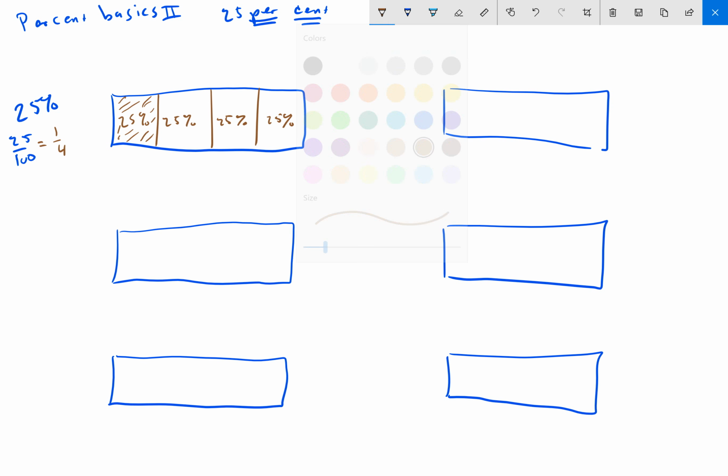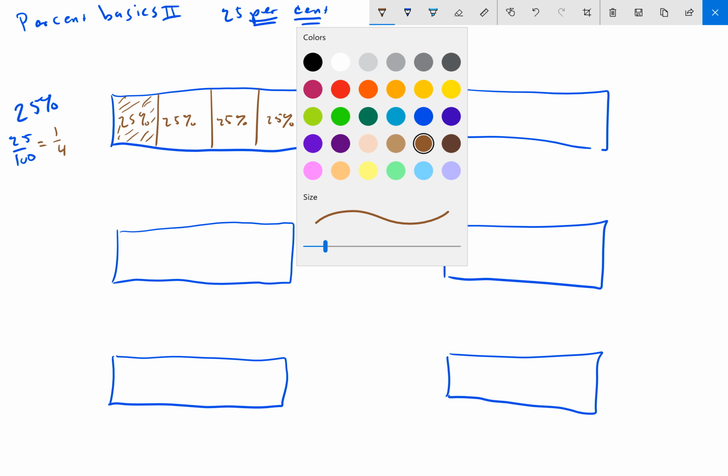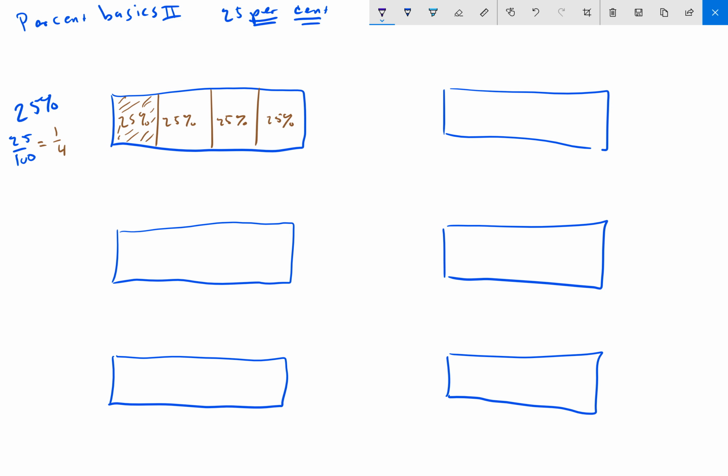If we take a look at another one, let's say I wanted 10%. Well, once again, and if you watched my last video, and I recommend that you do, you'll know that I should be doing this with the ruler, and the bars should be exactly the same. 1, 2, 3, 4, 5, 6, 7, 8, 9, and 10.